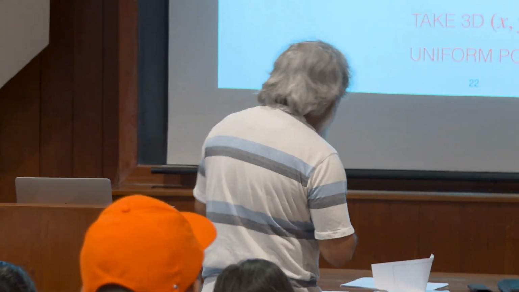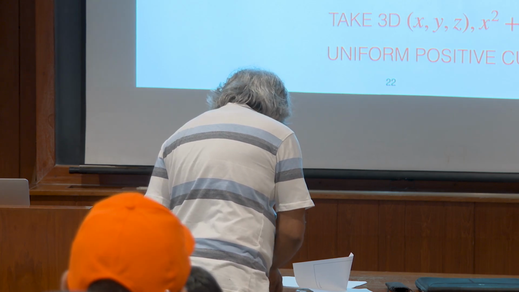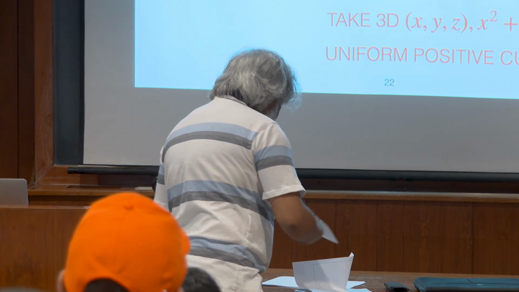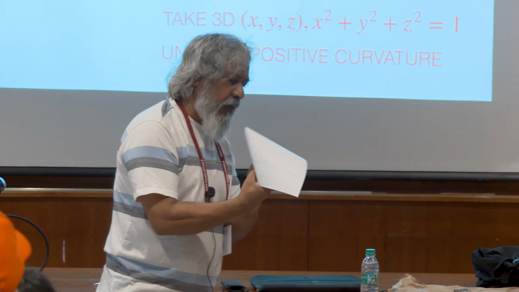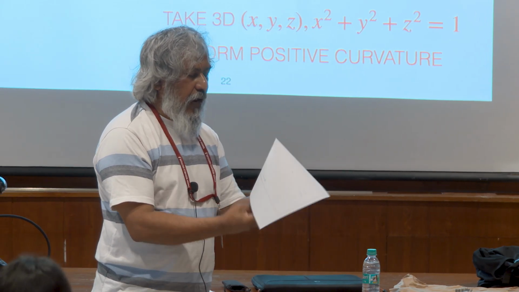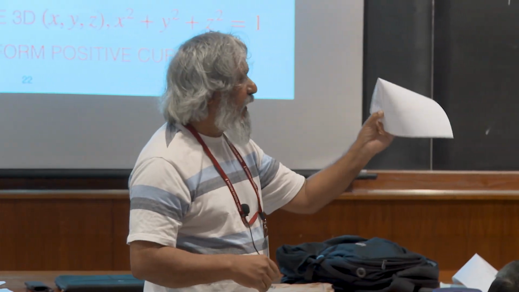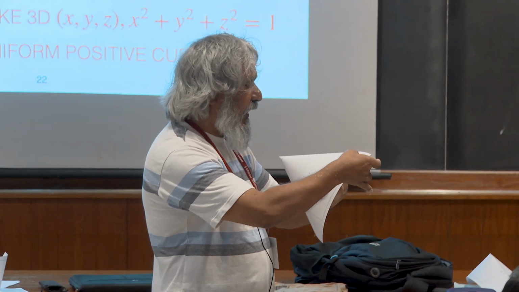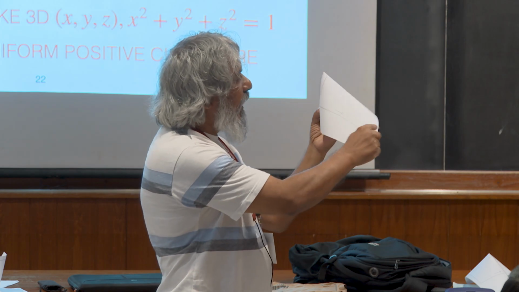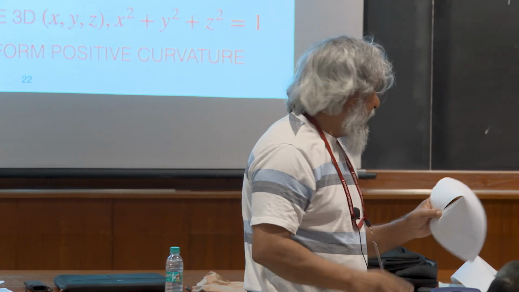Very importantly, I forgot something. You take the flat piece of paper and fold it over like this, you make a cone. Now the angle is 180 degrees, and you'll find that there are two straight lines.